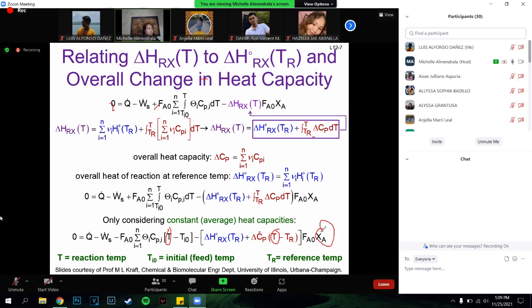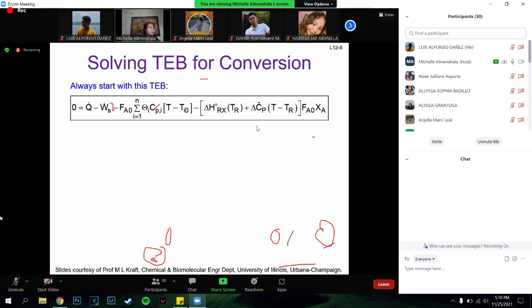You can see from here that this is T and that's T, and then you want to know X_A. Now this is actually complicated. The initial feed temperature is T_i0. If you have all the components or reactants in one solution, this is just T_0. The reference temperature is this. Simplifying further that energy equation, let's simplify it again.